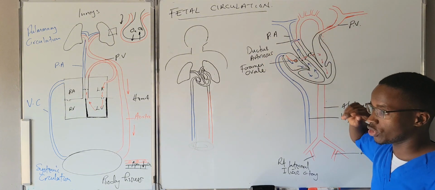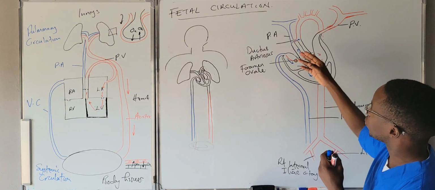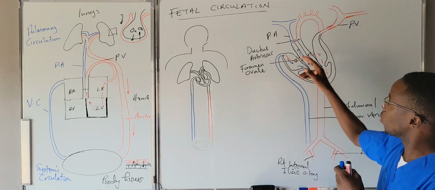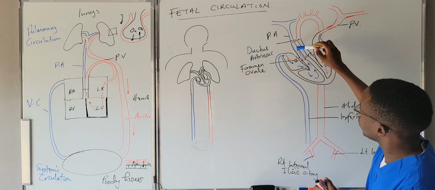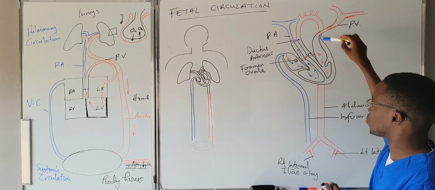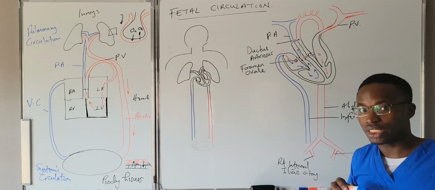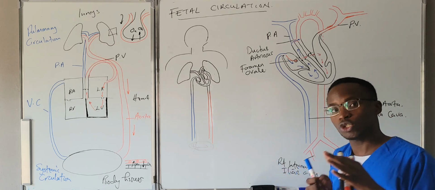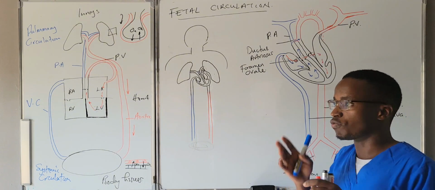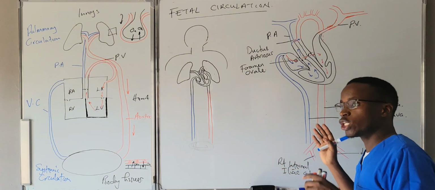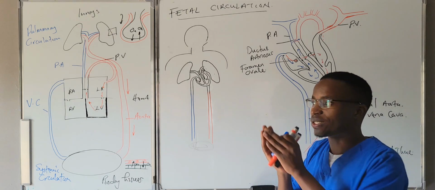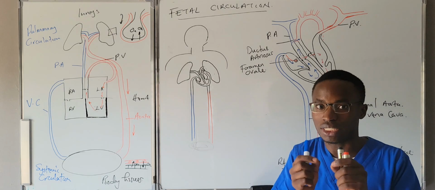This ductus arteriosus is a connection between the pulmonary artery and the aorta. So blood is going to be shunted from the pulmonary artery into the aorta so that it mixes with blood on the left side of the heart. So already we can see that there are two points at which blood is shunting from right to left. So in fetal circulation, we have what is called right to left shunting of blood.